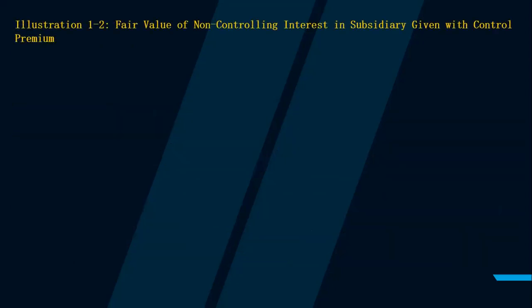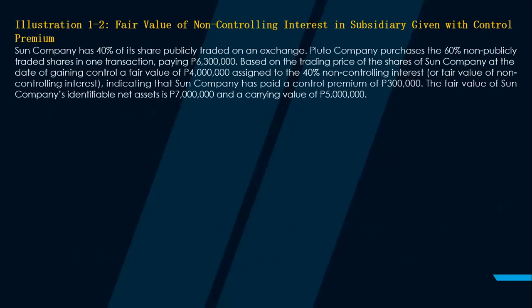Illustration 1, fair value of non-controlling interest in subsidiary given with control premium. Sun Company has 40% of each share publicly traded on an exchange. Pluto Company purchased the 60% non-publicly traded shares in one transaction, paying 6.3 million.